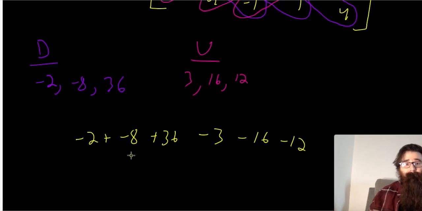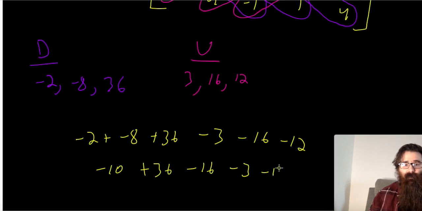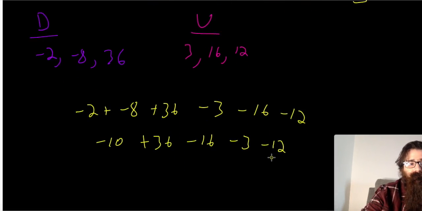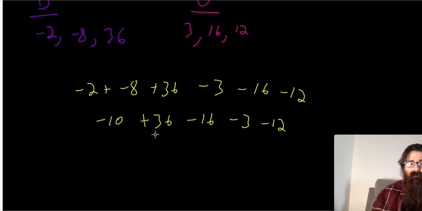Let's see what we get. So here, let me sort of jump around a bit, not literally, but with my arithmetic. -2 plus -8 is -10, plus 36. Let me put the -16 next. -3 minus 12, sure. This looks like nice arithmetic. 36 minus 16 gives me 20.